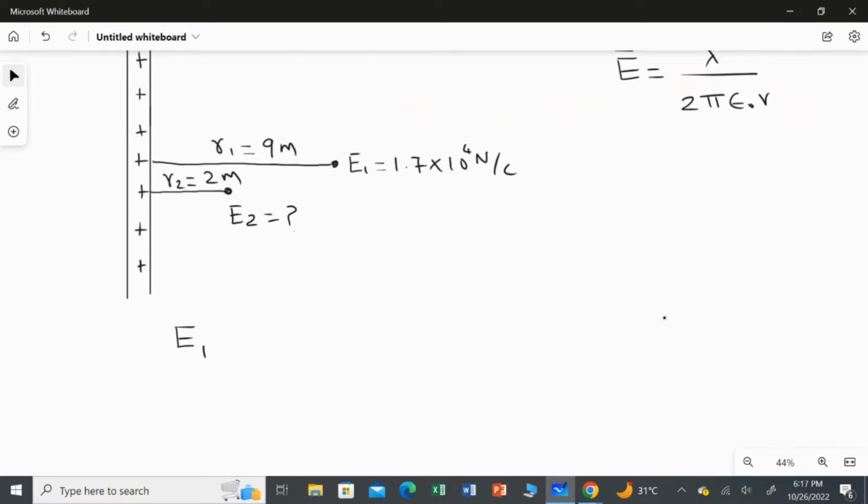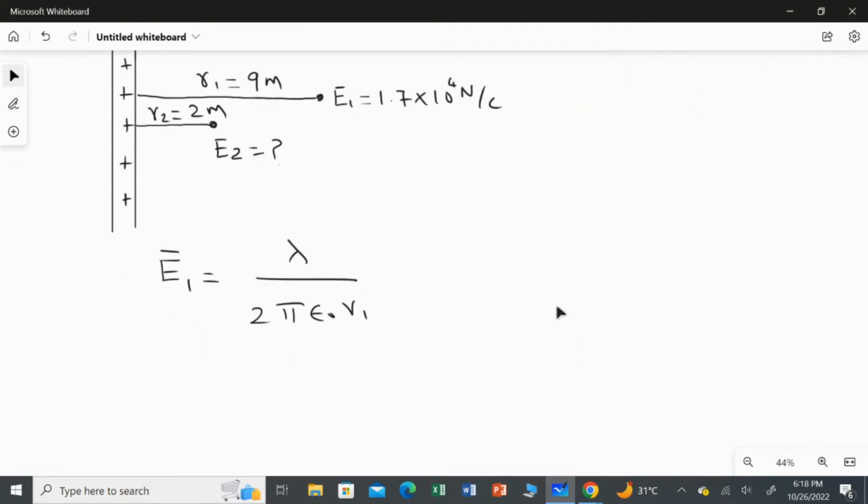So E1 is equal to lambda over 2 pi epsilon naught R1. Clear? I'm going to consider this our first equation. And I'm going to apply the same rule for the second distance.